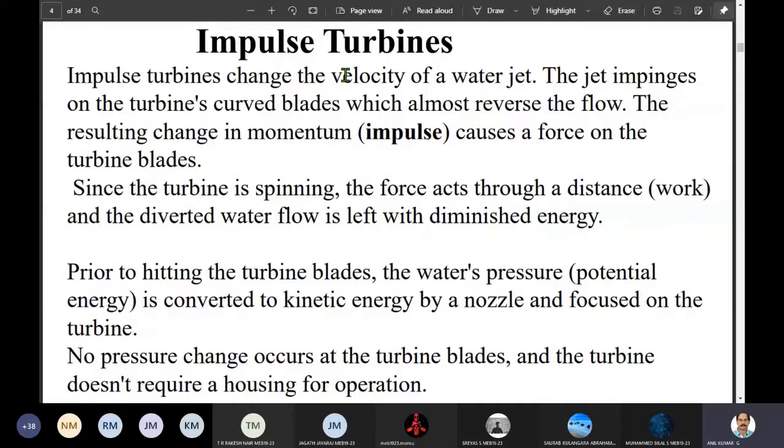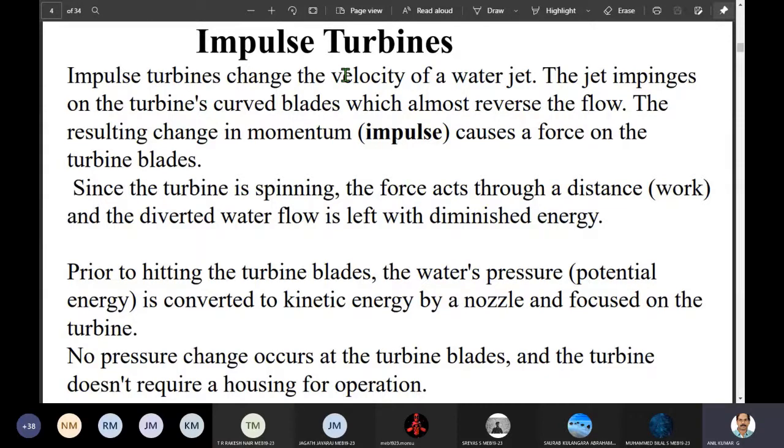Whatever pressure the water possesses flowing through the pipeline or penstock up to the turbine, the entire energy is converted to kinetic energy by utilizing a nozzle in the case of an impulse turbine. Before striking the vanes fitted on the periphery of a runner, which we call the Pelton wheel, the complete energy associated with water is converted to kinetic energy.